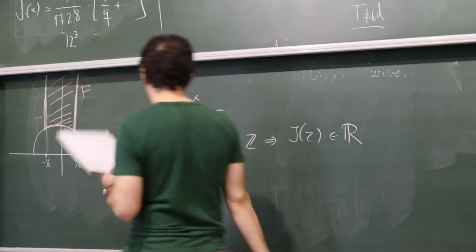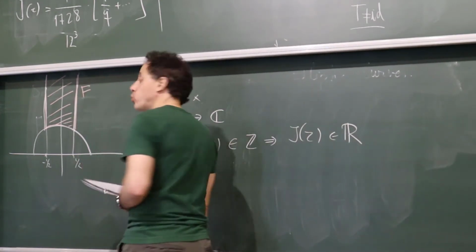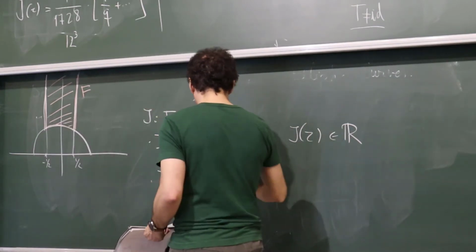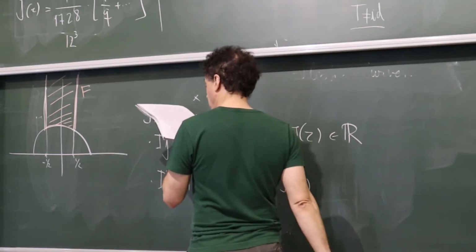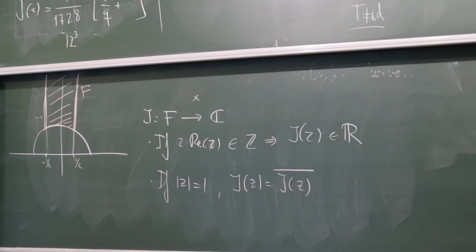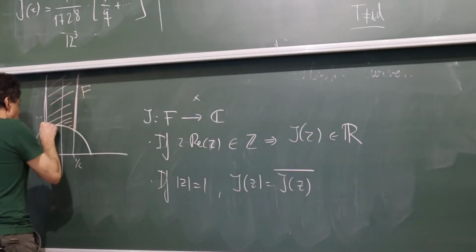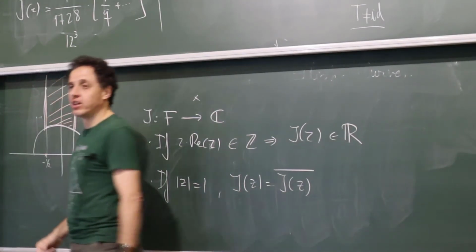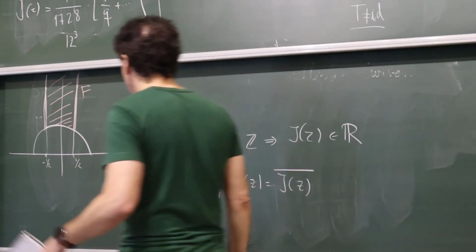Also, another property is that if the modulus of Z is equal to 1, then G of Z is equal to its conjugate, so G of Z is real. So again, over this part here, it takes real values.